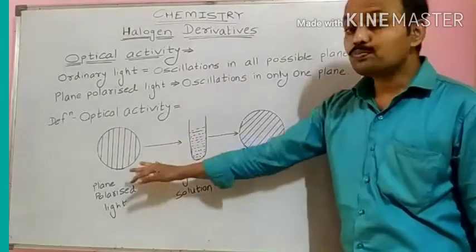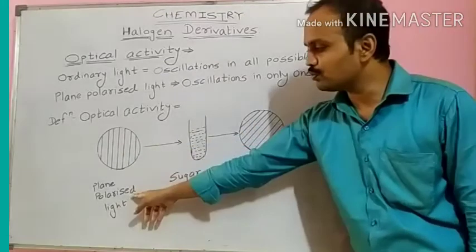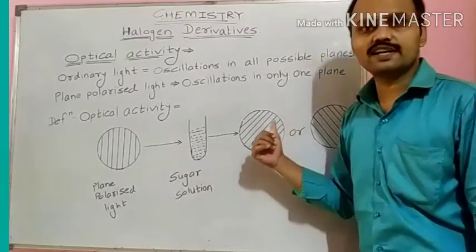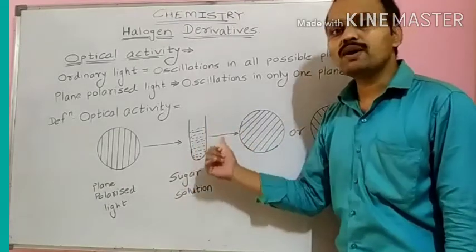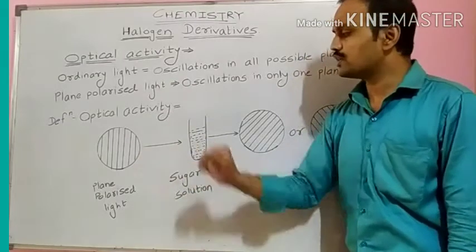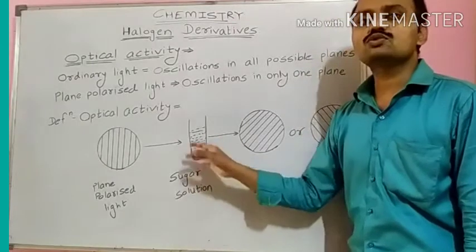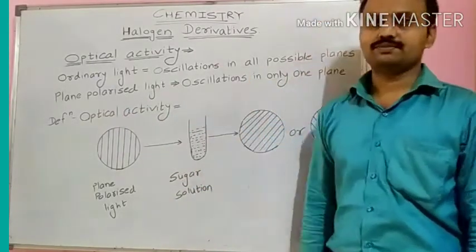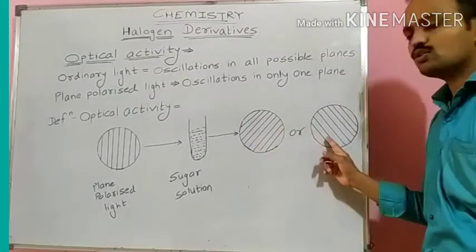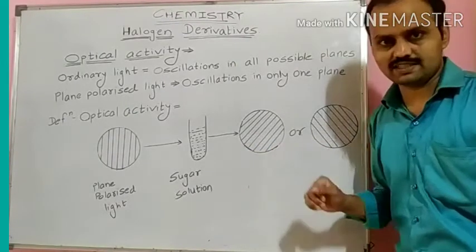Students, such a property of rotating the plane of plane polarized light when it passes through a solution of a substance is called optical activity.